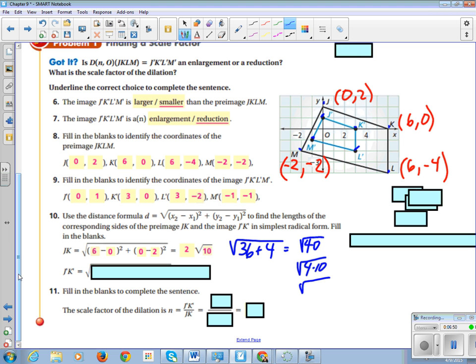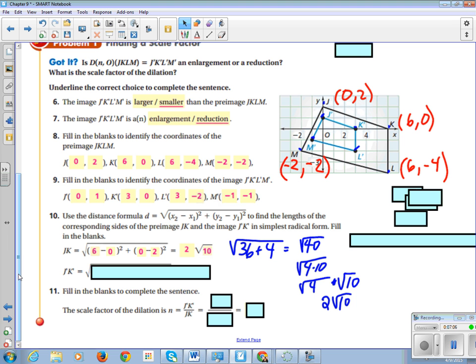The square root of 4 times 10 is the square root of 4 times the square root of 10. Square root of 4 is 2, and the square root of 10 is irrational, so it stays as square root of 10. That's how the progression goes.